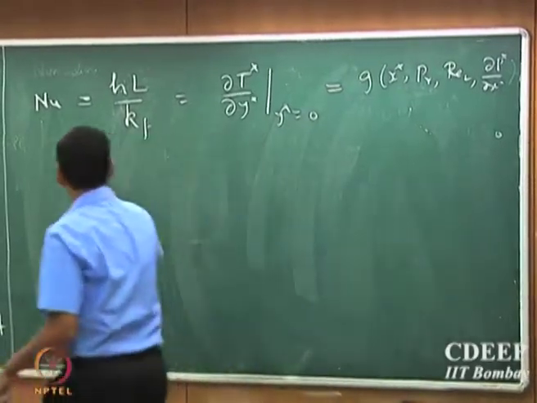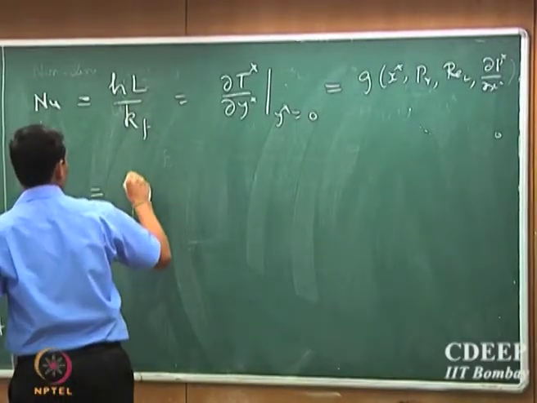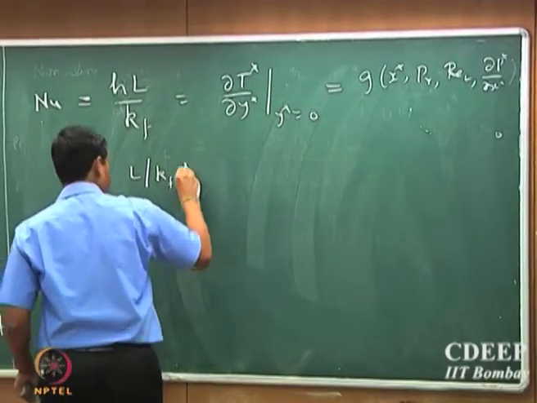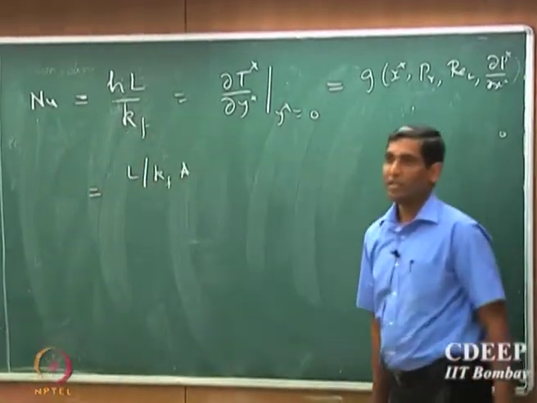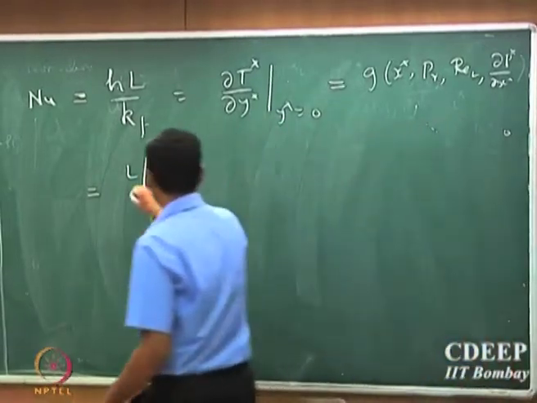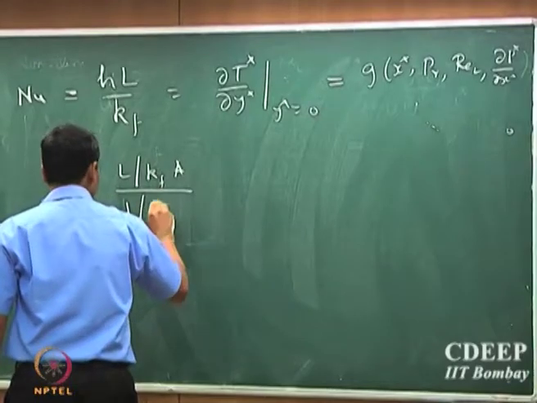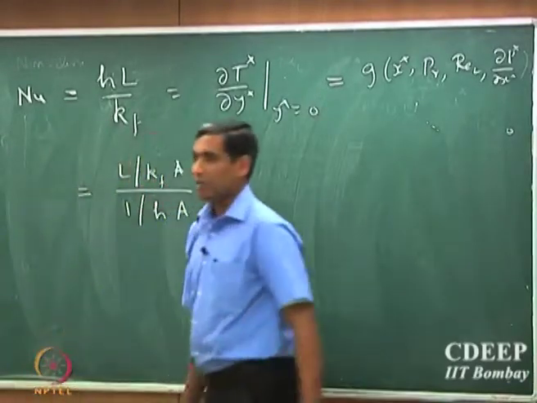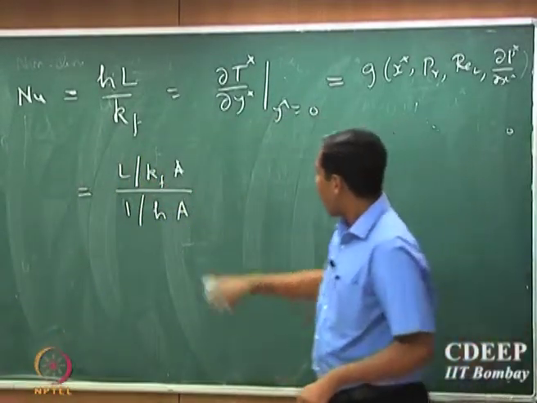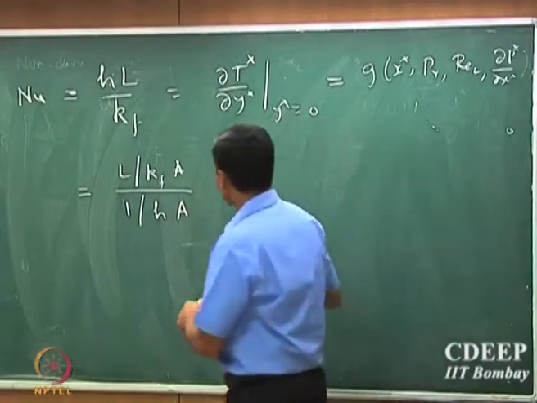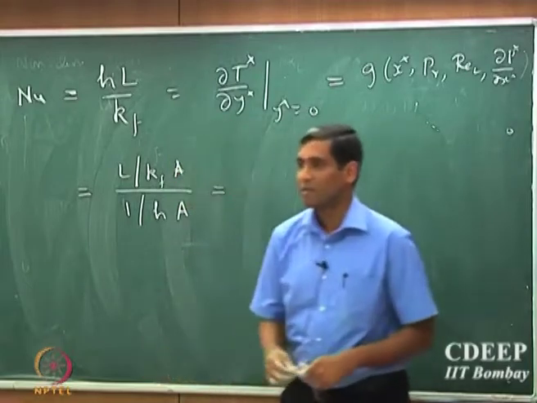So this is L by kf into A, where A is the local area of heat transport, divided by 1 by h into A, right. So you can rewrite it as L by kfA divided by 1 by hA. What is L by kfA?